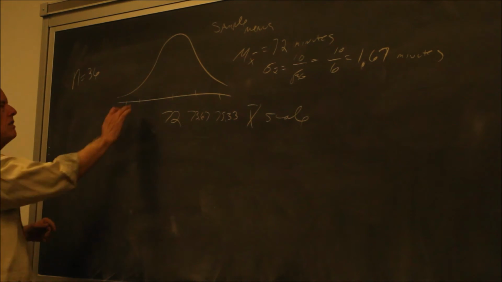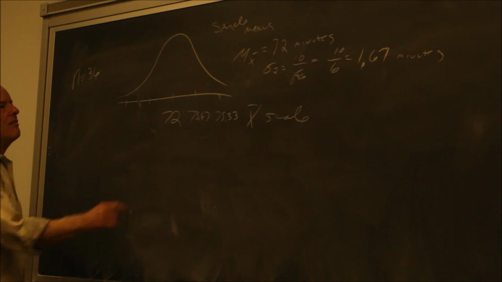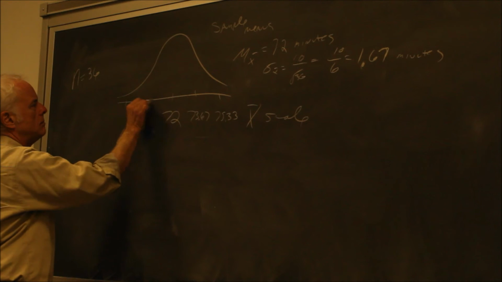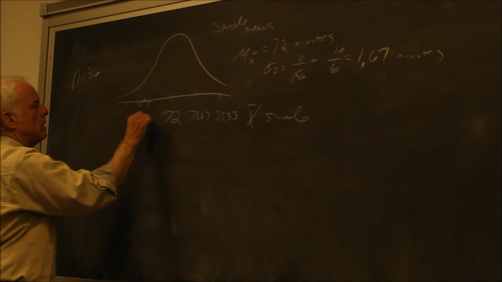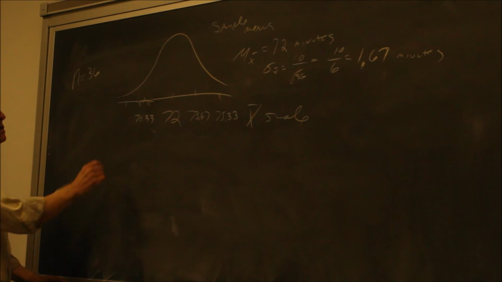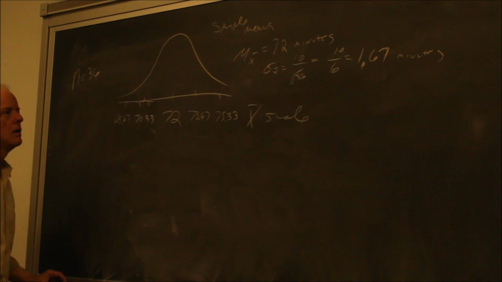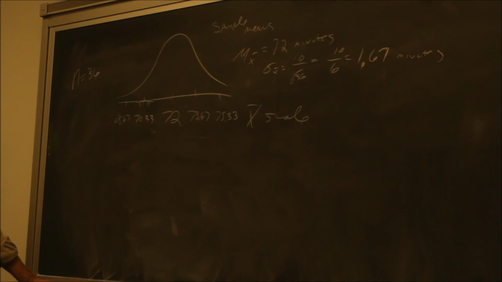If I go one standard deviation to the left, 72 minus is 71, 70.33. Yep, and if I go two standard deviations to the left, 69, 68, 67, I think. Is that right? 68.67, yeah. I think that's right.